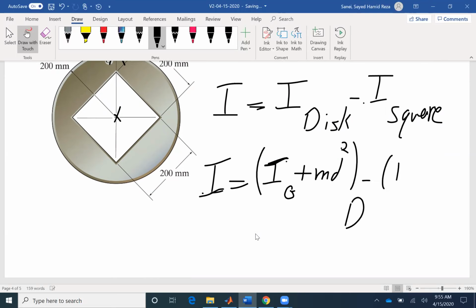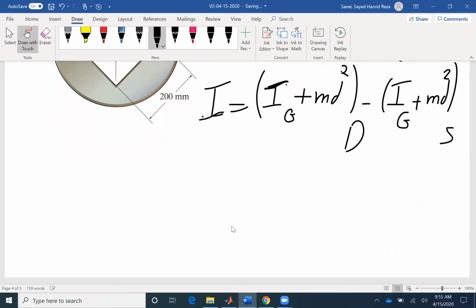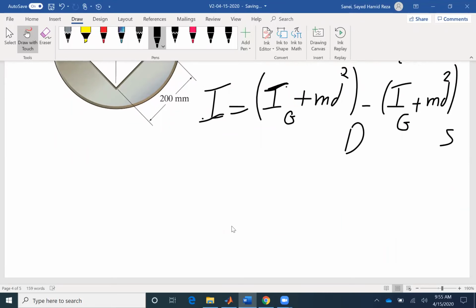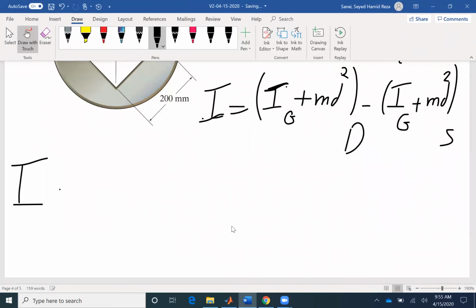Same thing for the square. So what I'm doing here, first I find the moment of inertia for the disk about the axis of interest, which is O. Also, I find the moment of inertia of the square about the axis of interest, O. So I use the parallel axis theorem, and then I subtract them from each other to find the I of the composite body shown. So let's start with the disk.